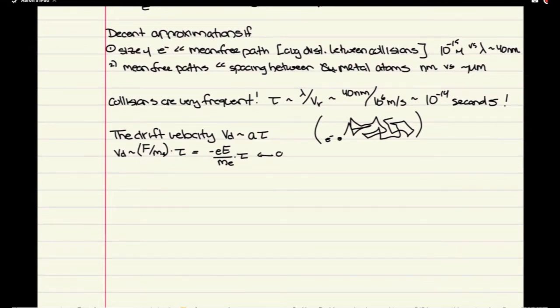So on average, each electron picks up a little Vd, or a little drift velocity, in between collisions.